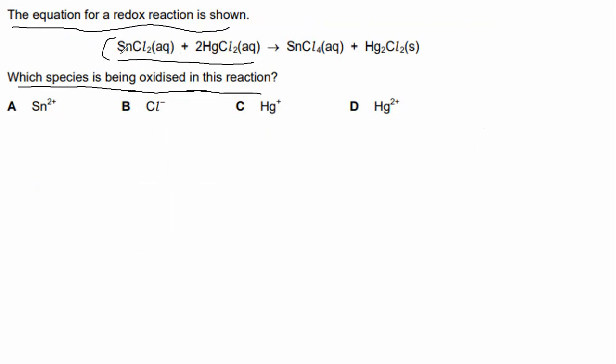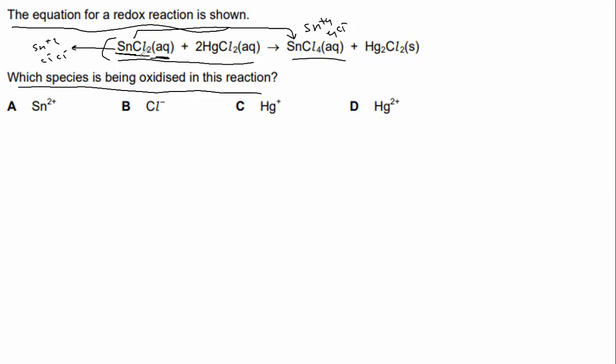So here we have SnCl2 becomes SnCl4. This is aqueous. That means we have Sn+2, Cl minus, Cl minus. And this is aqueous as well. It will be Sn+4, 4 Cl minus.